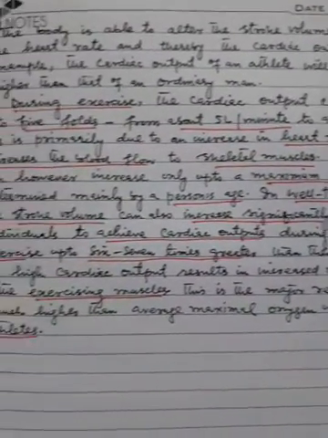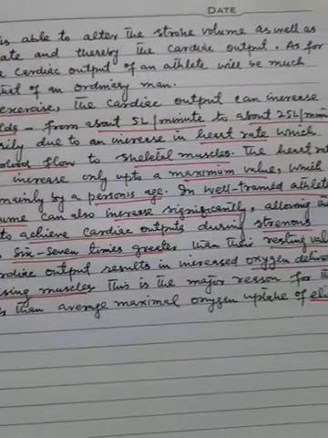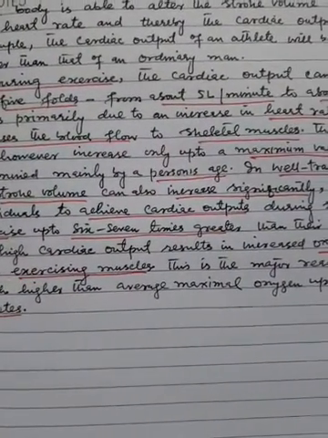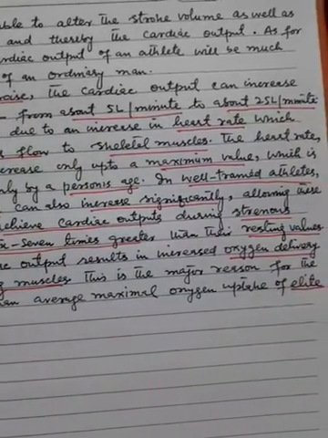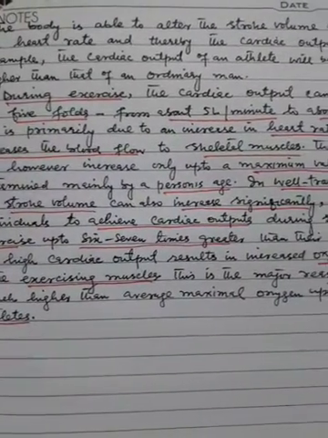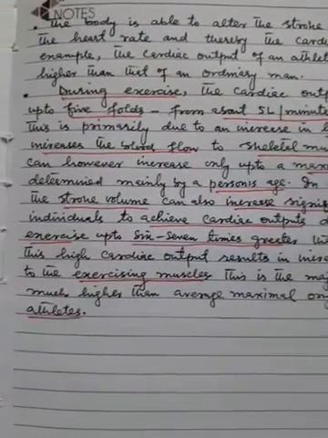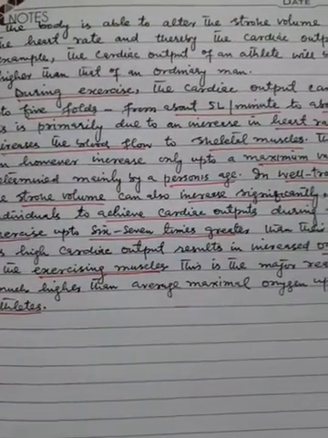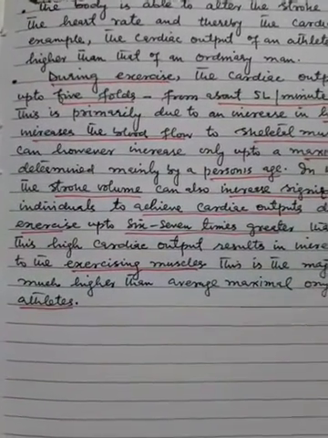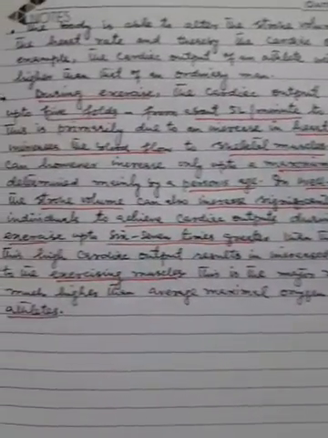The heart rate can, however, increase only up to a maximum value, which is determined mainly by a person's age. In well-trained athletes, the stroke volume can also increase significantly, allowing these individuals to achieve cardiac outputs during strenuous exercise up to 6 to 7 times greater than their resting values.